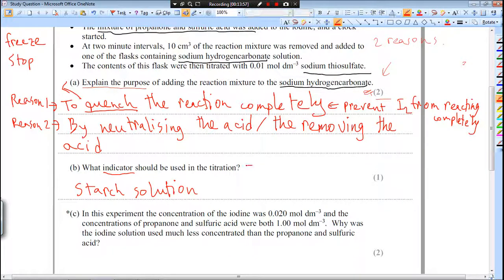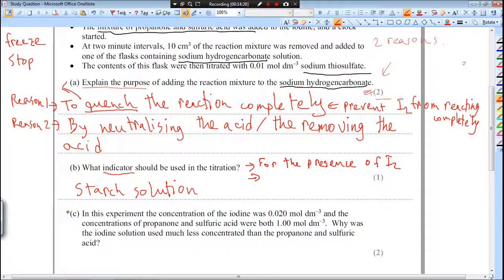So let me write the reasons for using starch over here. We are using starch solution to detect the presence of iodine.